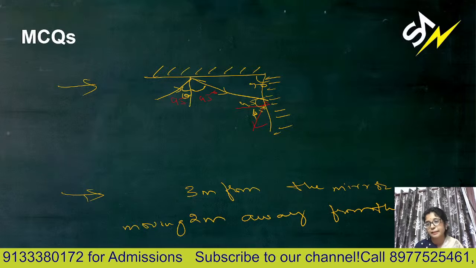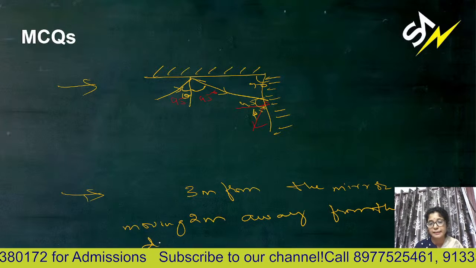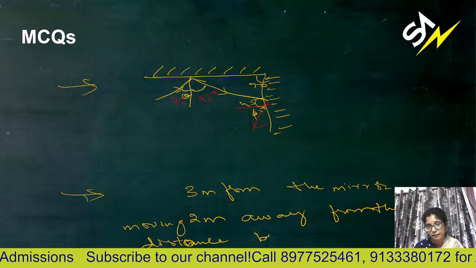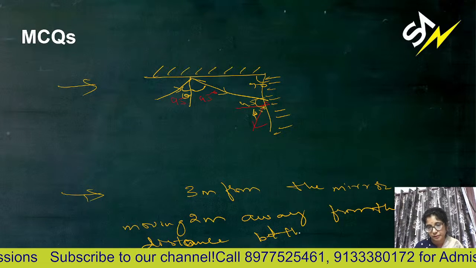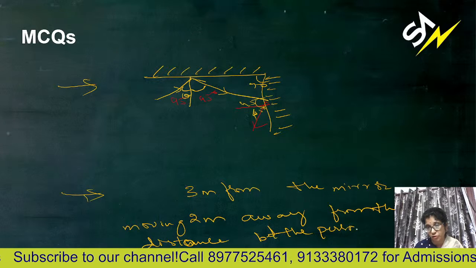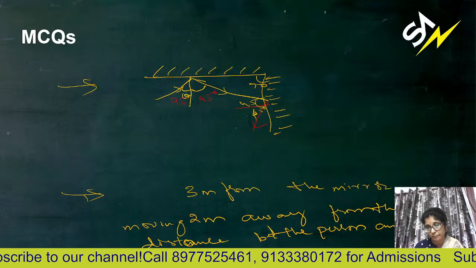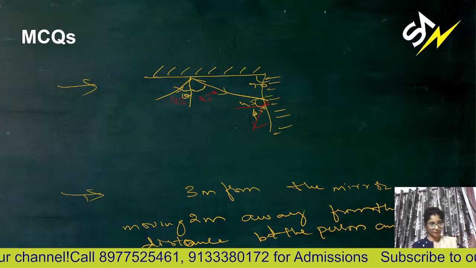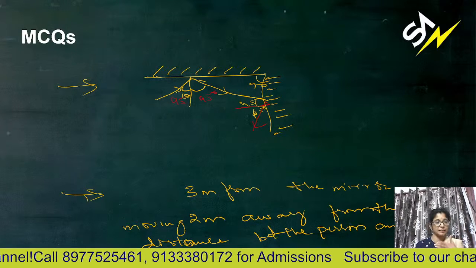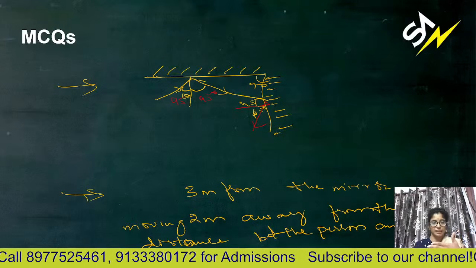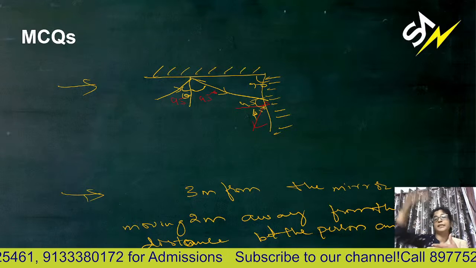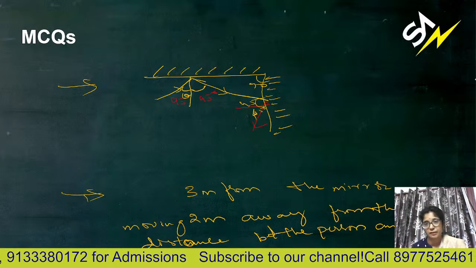Then he is asking the distance between the person and the image. Initially he was at 3 meters and he just moved back, so it will be 5. Then where will the image be formed? The image will be formed 5 meters behind the mirror, isn't it right?